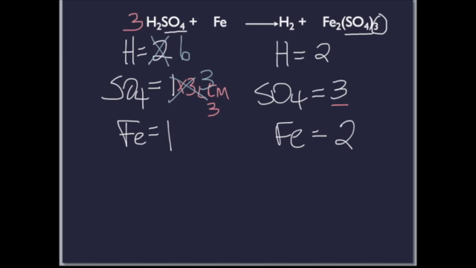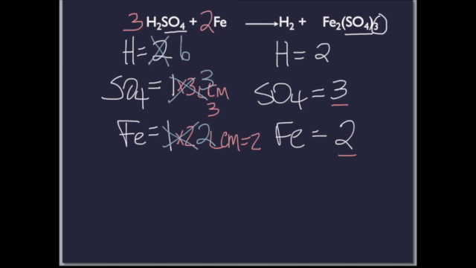We balanced the sulfates. Least common multiple here is 2. I have 2 on the product side. I need to multiply this by 2 to get 2 on the reactant side, so I'm going to place a 2 in front of the chemical formula containing the iron. Okay, new atom inventory. All I changed was the Fe, so that's now a 2, and those are now balanced.